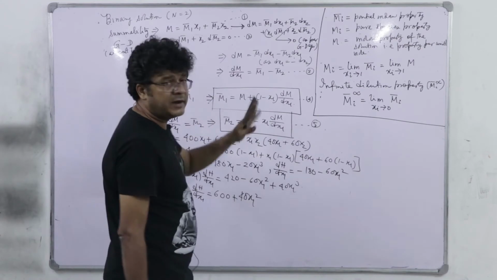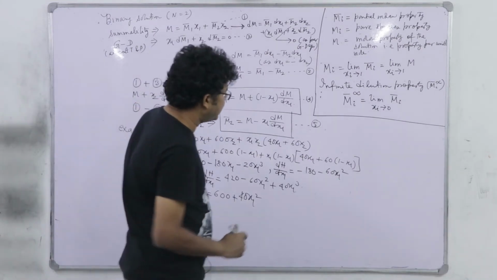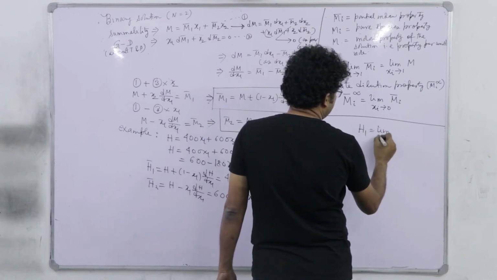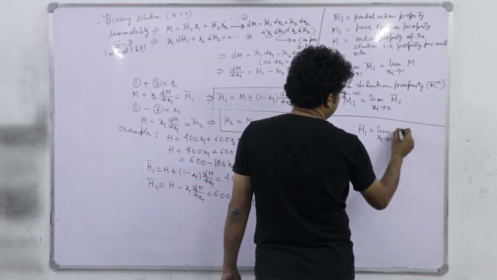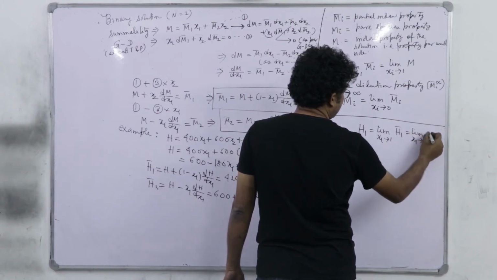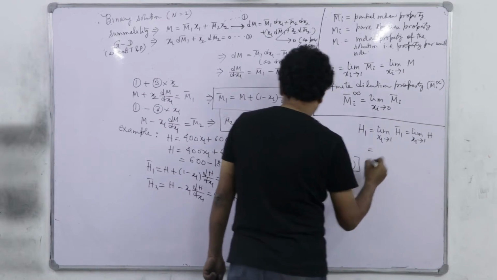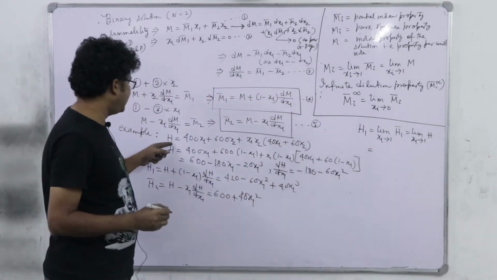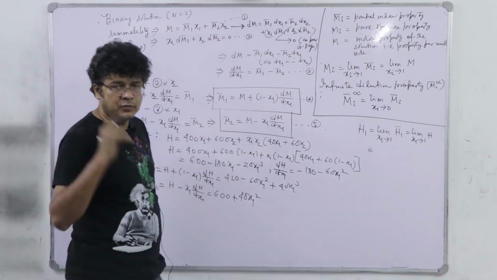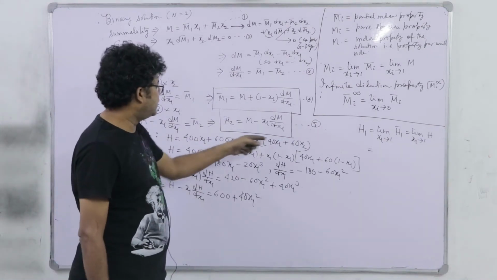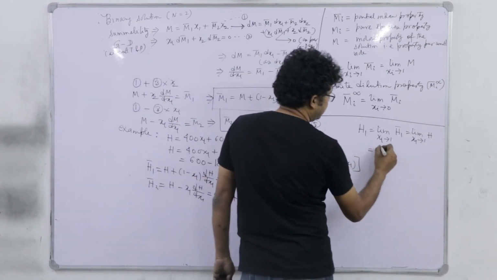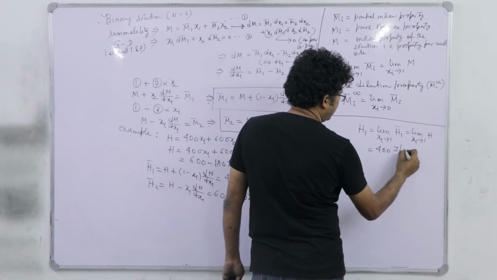Now, we may be interested in finding the pure species and infinite dilution property. See, H1 is equal to limit x1 tending to 1 of H1 bar, and that is also limit x1 tending to 1 of H. So, if we go by H and we substitute x1 equal to 1, so x2 equal to 0, these two terms will vanish and that will be 400 joule per mole.